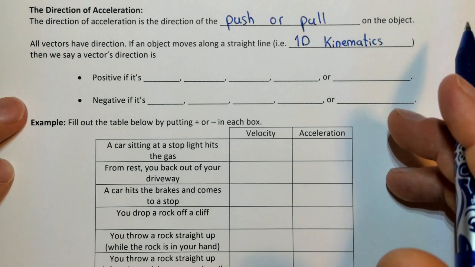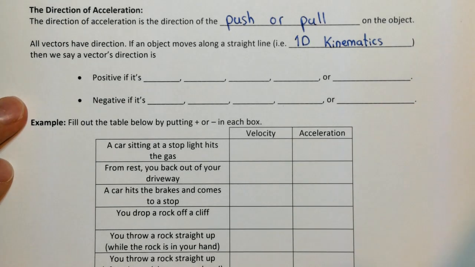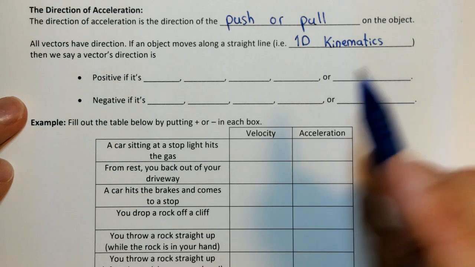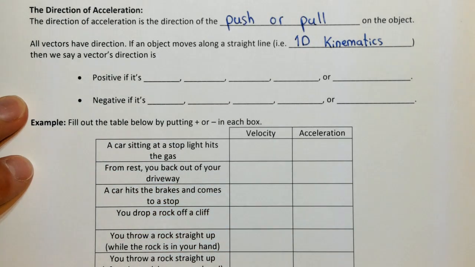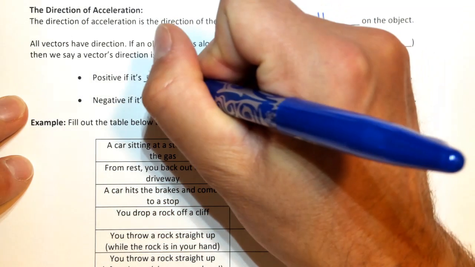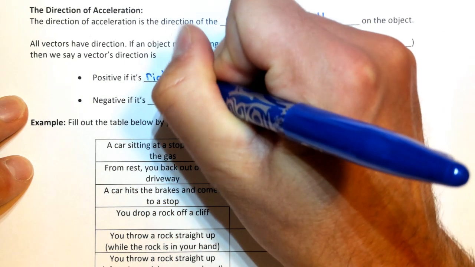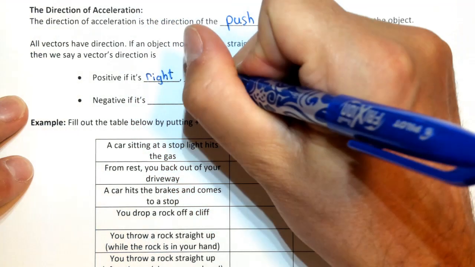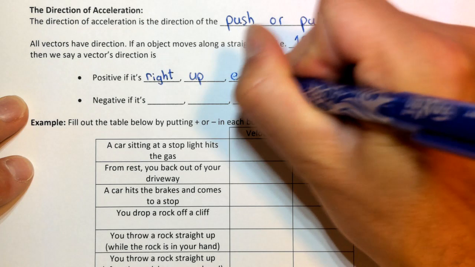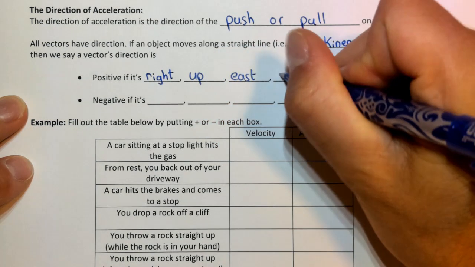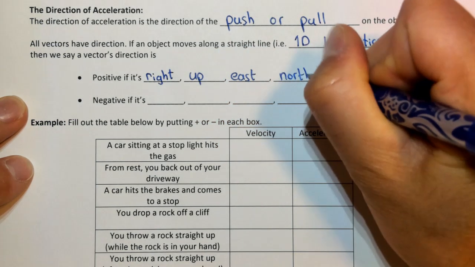That's convenient because it means we can just use plus and minus for those directions. And we tend to use a positive sign or a plus sign for directions that are going to the right or that are going up or that are going east or north or forward.